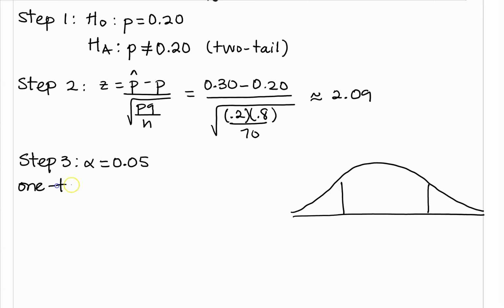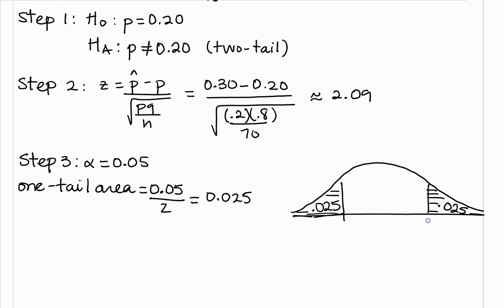And so the area in one tail is going to be 0.05 divided by 2, because we need to share it between the two tails, which gives us 0.025. That is the area in each of these two tails. And I'm shading them. And these two tails together, the shaded region, comprises our rejection region. Now we must determine what our critical values are.